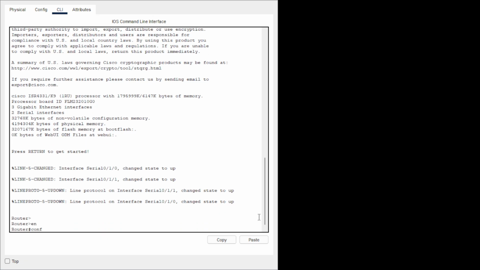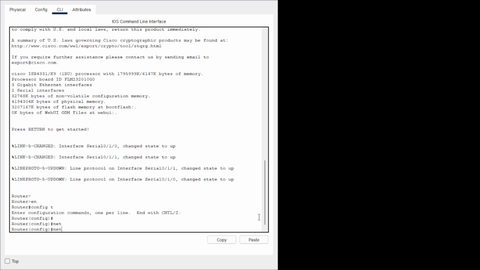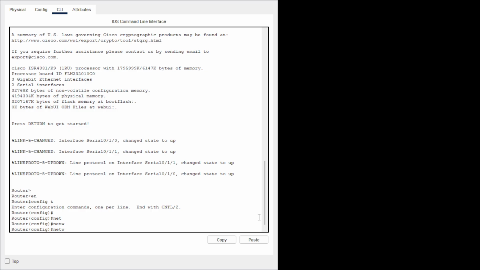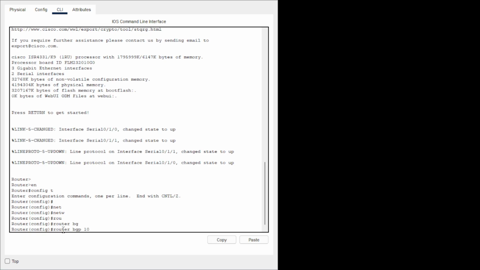Enable, config t, router BGP ASN number is 100.